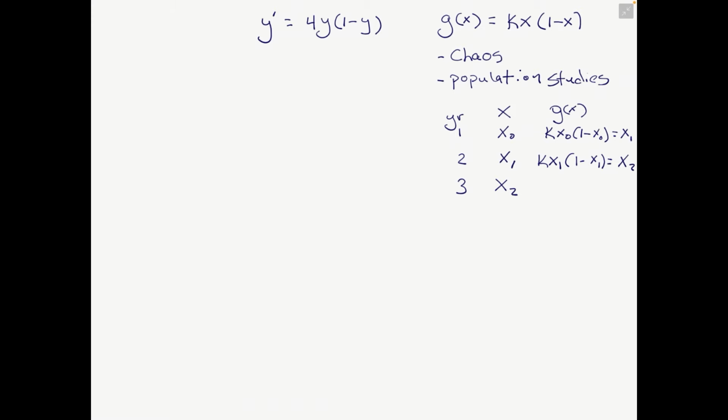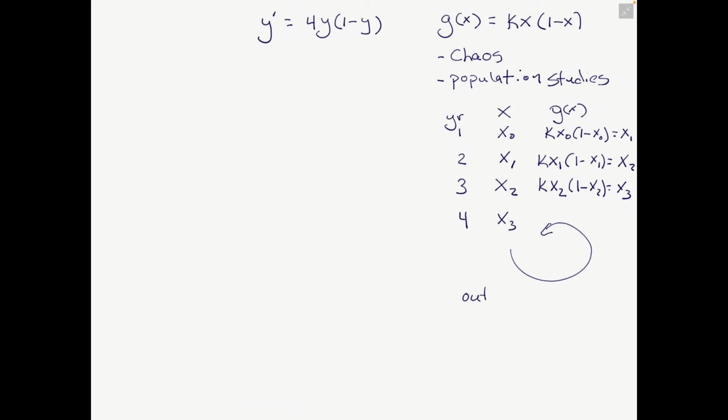But then if we want a prediction for year 4, then we use x2 as the input again. k x2 times 1 minus x2 equals x3, and that's our prediction for the next year, and so on.